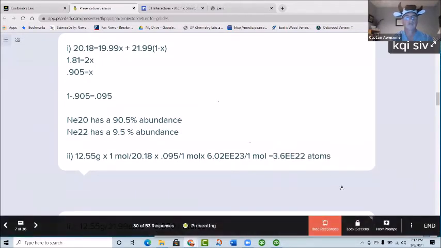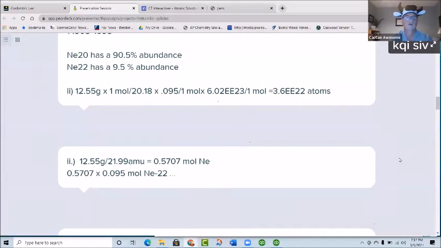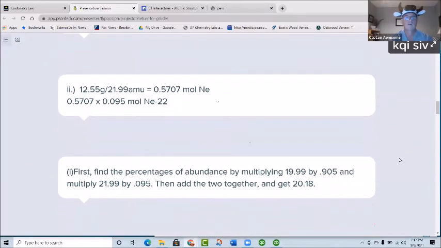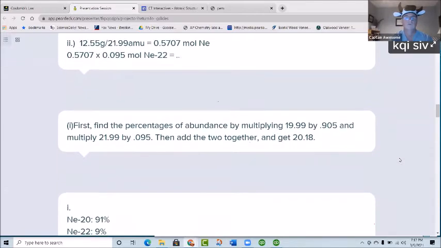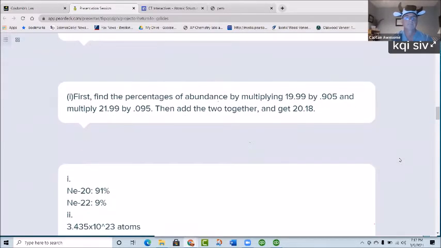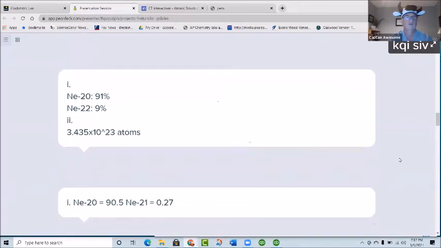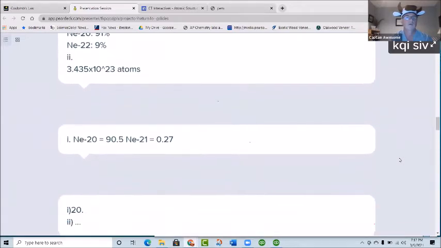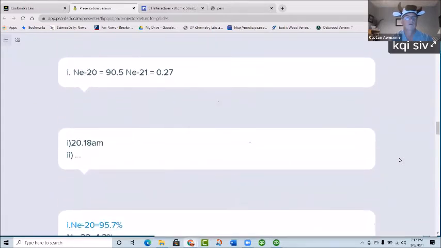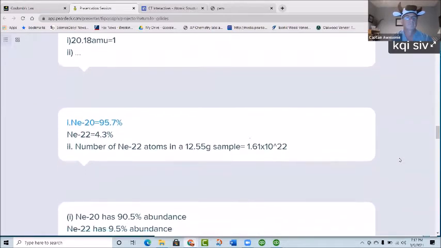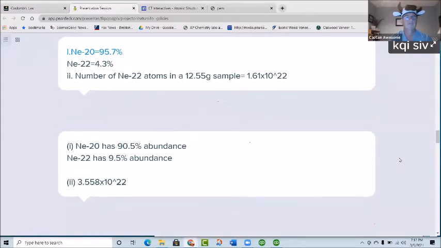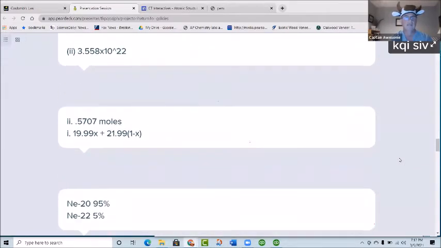There's some really good work that you're seeing on the shared screen. Somebody's getting fancy typing in colors. I like it. I like it.